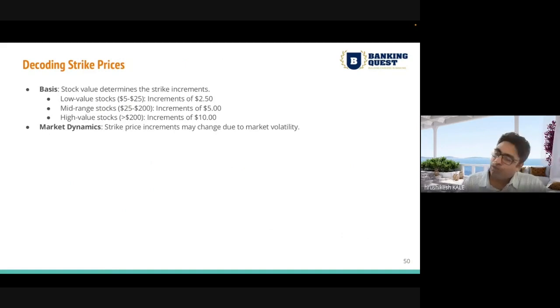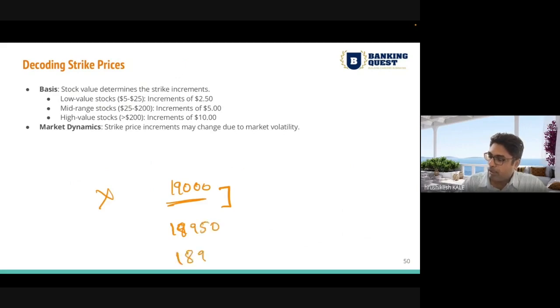Now, if Nifty is at 19,000, what all call option strike prices should be there? So we can have 18,950, 18,900, 19,050.